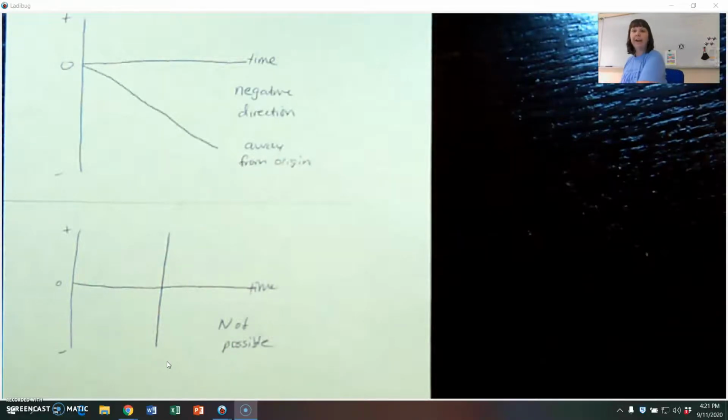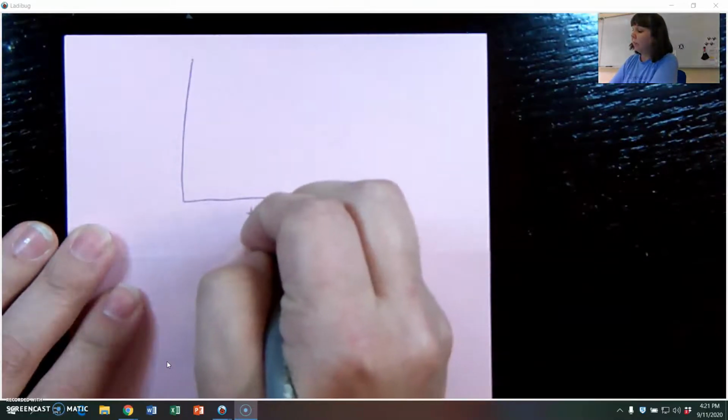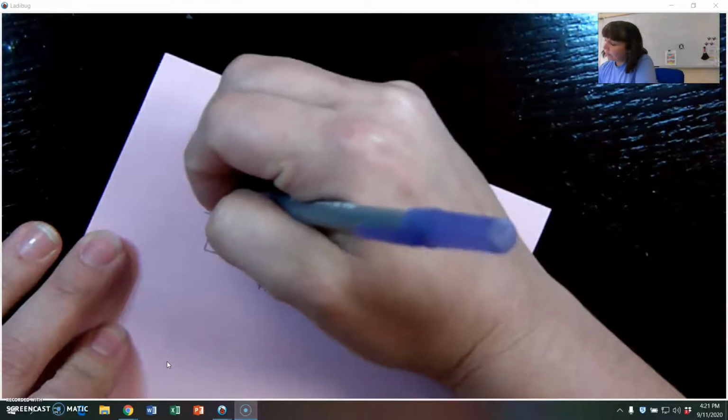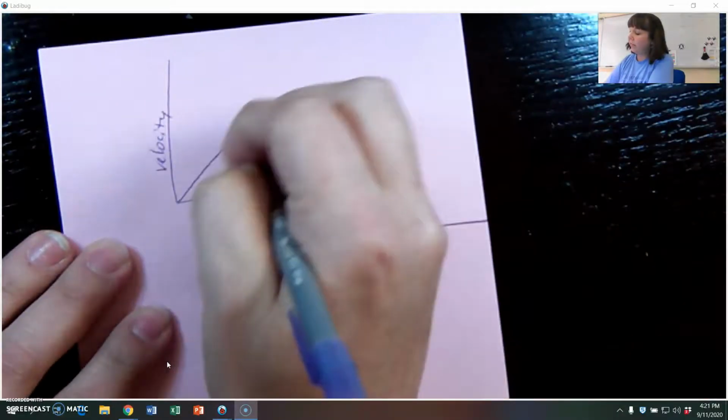Okay. Now, I had you cut 2 sheets of paper. I'm going to switch over and use my pink. My pink is going to be very similar to my yellow, but instead of graphing position versus time, we are going to graph velocity versus time. Okay, we're still going to start with a positive slope.